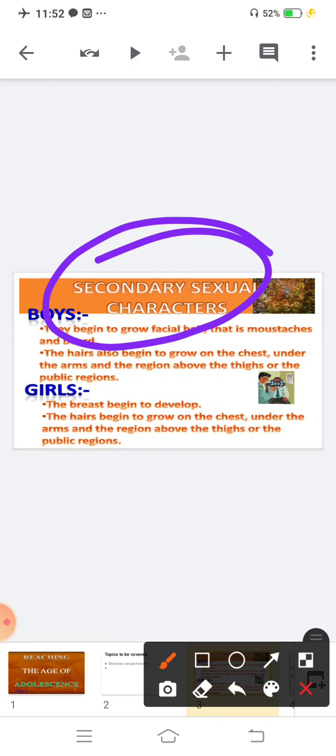The external characters that develop during puberty, which help to distinguish a male from a female, are called secondary sexual characters.